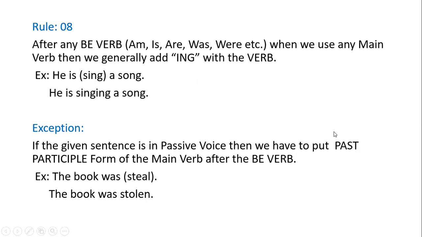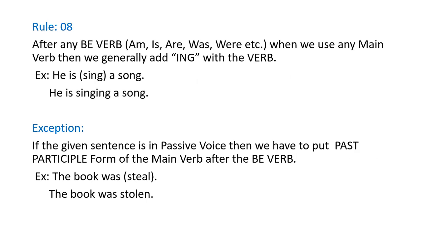Rule number 8. Rule number 8 again is a very common rule. We all know this thing. After any be verb like am, is, are, was, were, etc., when we use any main verb, then we generally add ing to the verb. So it's a very common thing that after a be verb, if we have to put any kind of verb, we have to use the ing form of the verb.